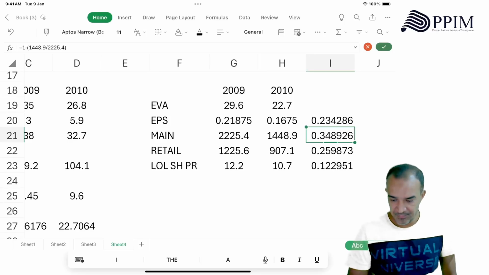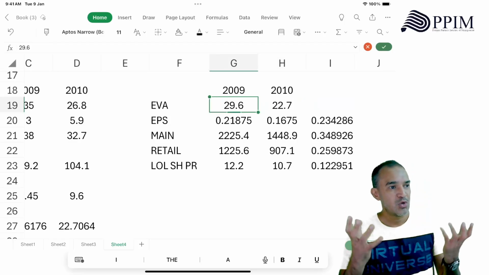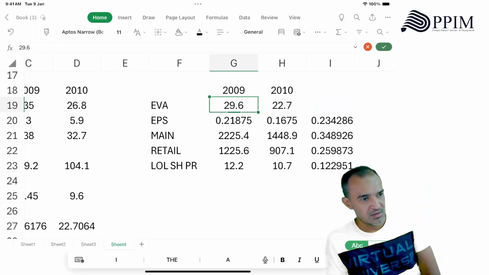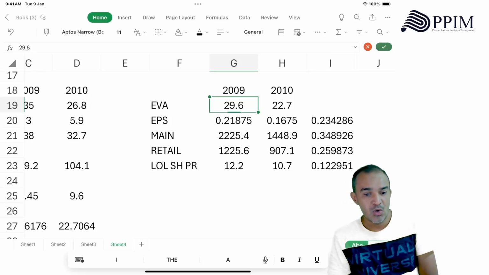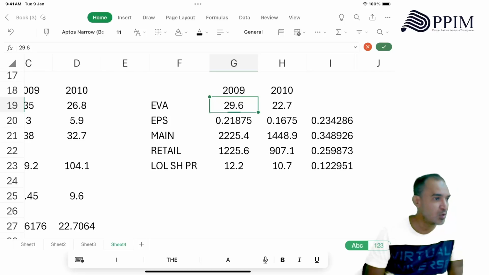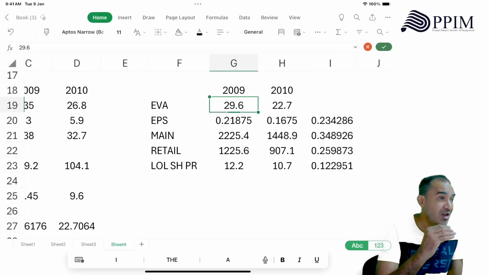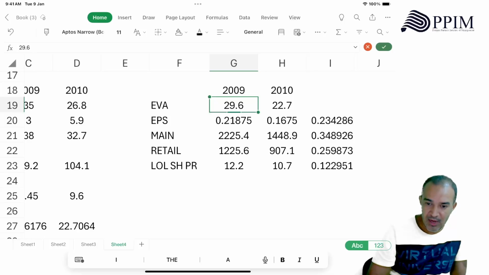Right, look here. EVA, of course, we can't compare directly with this, because your numerator, denominator, all that is different. You can't do a like-with-like comparison, but you can say in 2009 we made 29.6 and in 2010 we made only 22.7. But still, value has been added. But look at EPS. There's a drop of 23%.